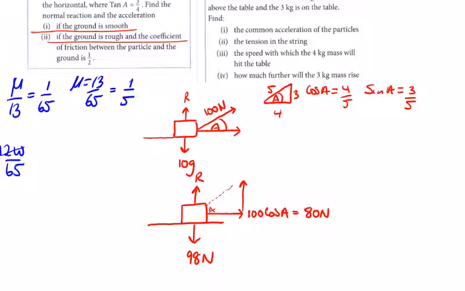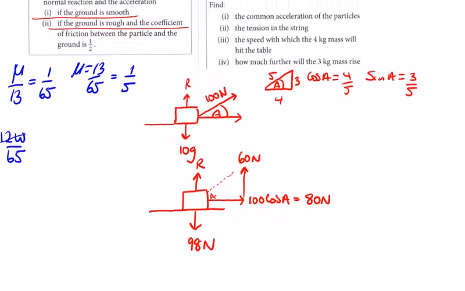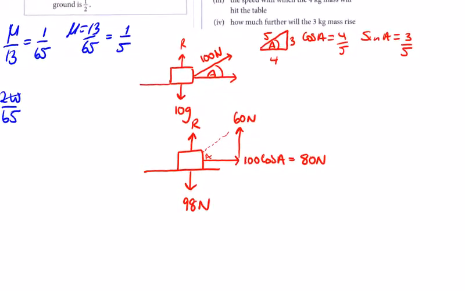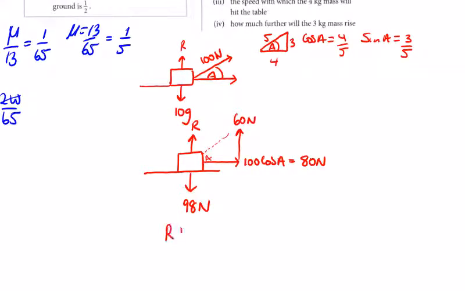From up above, we have sine, so it's 100 sine A, which is 60 newtons. So we can find R here. R plus 60 is equal to 98. My two ups have to be equal to my down. So R is going to be 38.